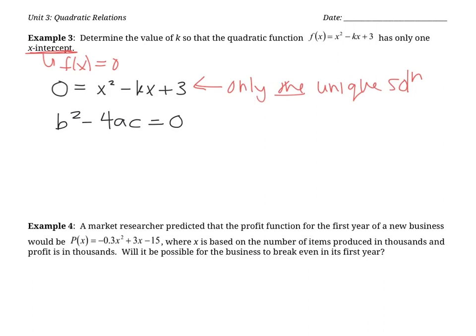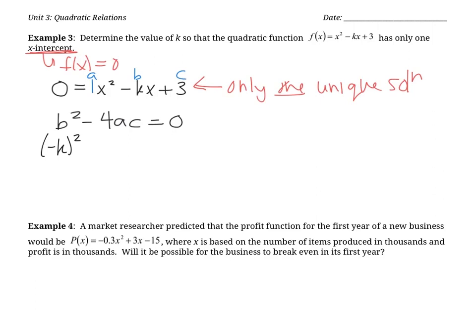So let's go with it and just fill in our b, fill in our a, fill in our c, and let's see what happens as we go through. So we know our b value is just negative k. So instead of b, I'm going to write negative k, all squared. Our a value is 1. Here's our b value, and here's our c value, just to make it clear.